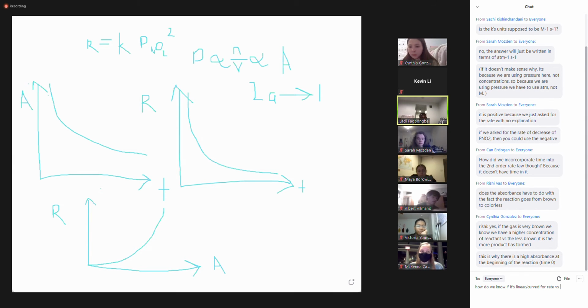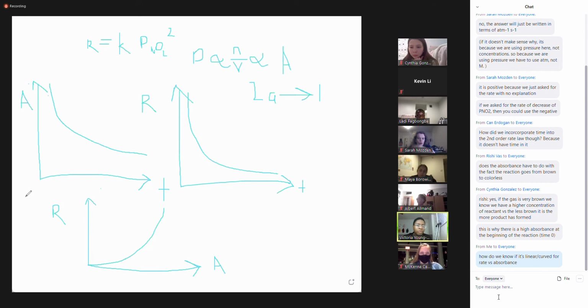Victoria, do you have a question? Yeah, I was wondering, for the rate versus absorbance graph, you could just look at the rate law, because pressure and absorbance are proportional. So you could look at the rate law in terms of absorbance and see that it takes the form of a parabola.